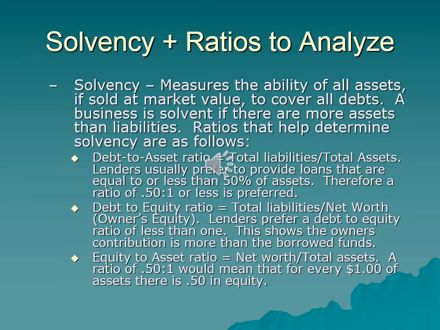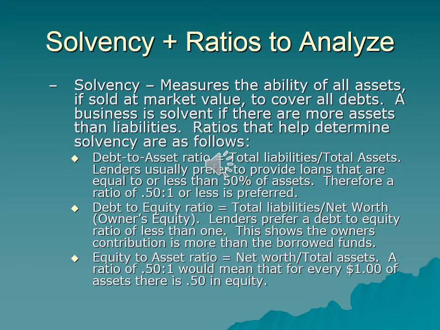Ratios that help determine solvency are as follows: debt to assets ratio equals total liabilities over total assets. Lenders usually prefer to provide loans that are equal to or less than 50% of assets. Therefore, a ratio of 50 to 1 or less is preferred.